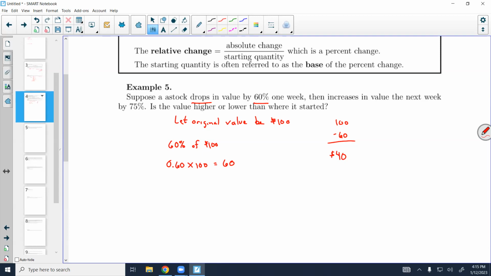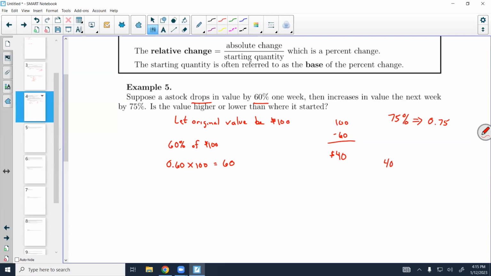Now it says, then it increases in value the next week by 75%. 75% of what? Of the $40. Very good. So making a note here, 75% converted to decimals is 0.75.